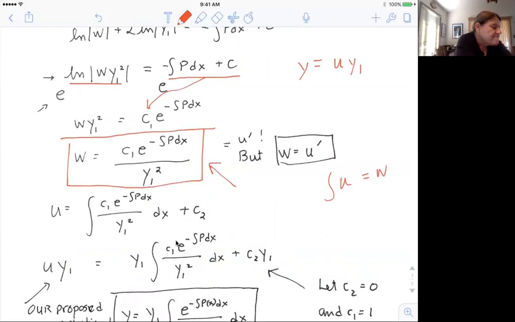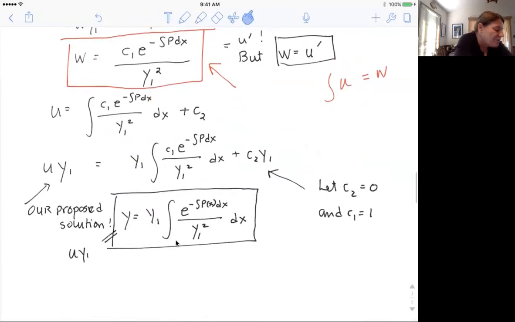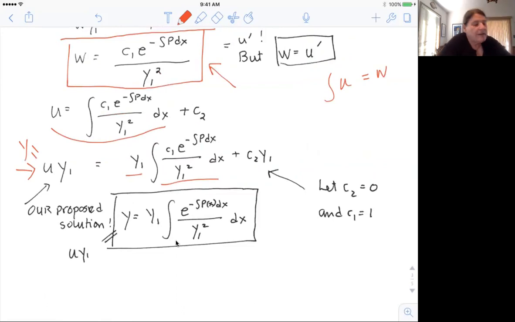Okay? Now, you're going to see something you should remember from when I did this specifically. What I'm looking for is the U Y1, because that was going to be my new linearly independent thing. So there was U. I took Y1 times that U, and when I added the plus C2 on here, when I multiplied by Y1 on both sides, I got a Y1 here.